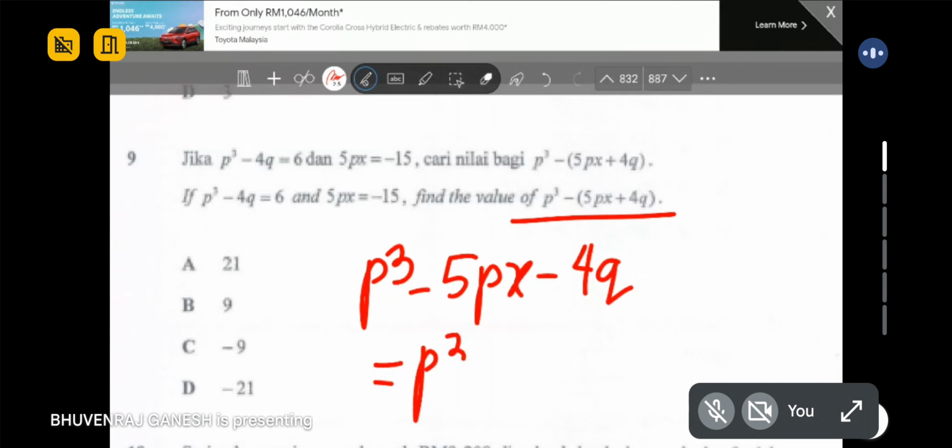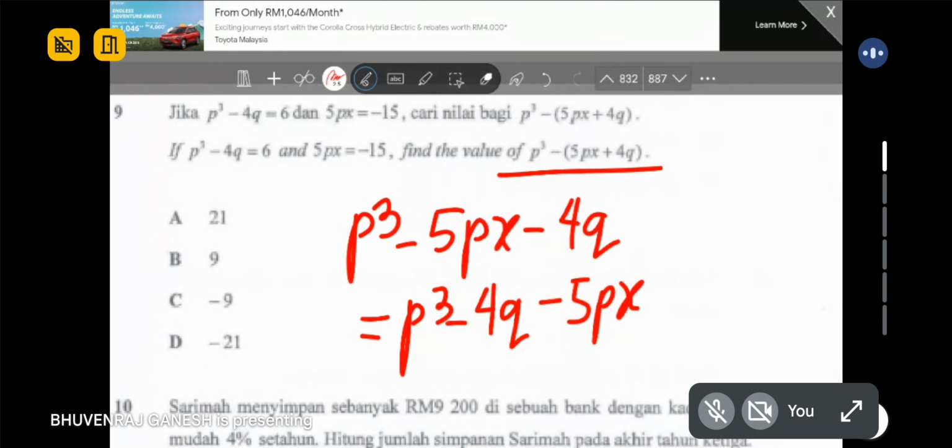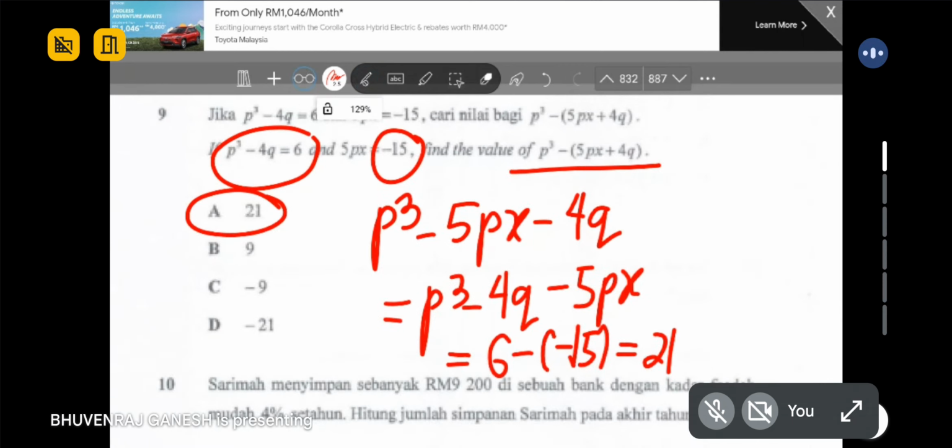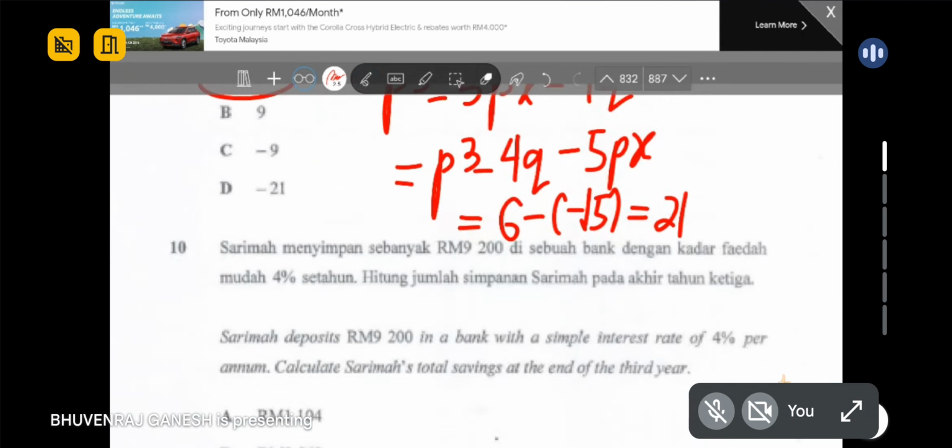So P3 minus 4Q minus 5PX. So P3 minus 4Q, the value is 6, right? Soalan dah bagi tahu 6. Tolak 5PX, negative 15. So the answer is 21. A. Dapat? So it's just you need to substitute the values lah guys. Gantikan saja nilai. Okay? Understand guys? Question 9. Jelas? Okay, next one.